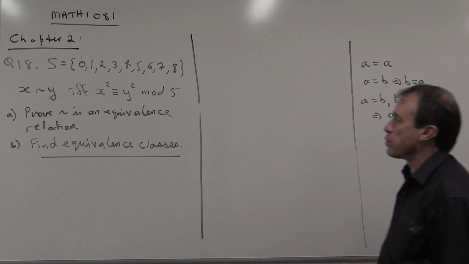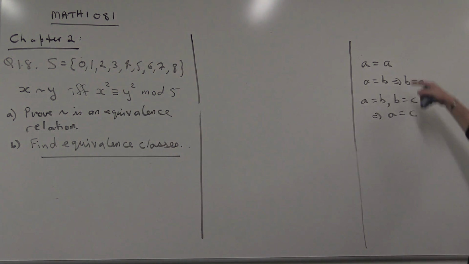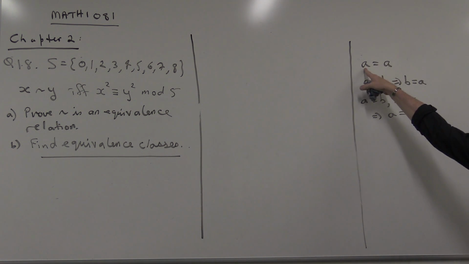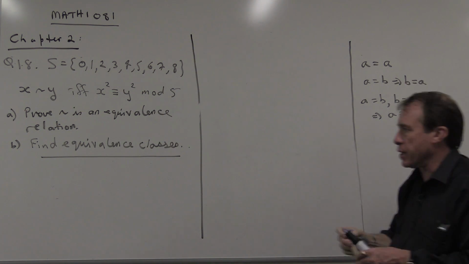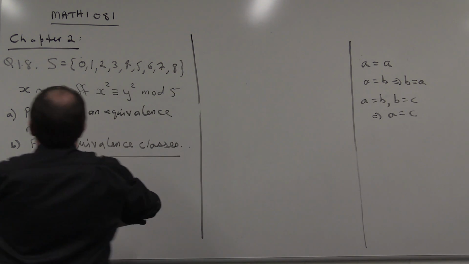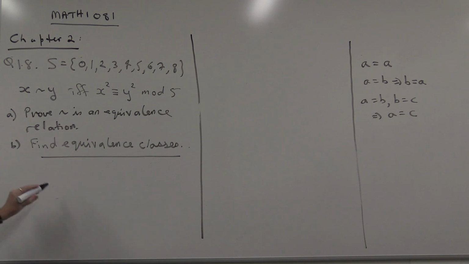The first thing is to prove this is an equivalence relation, so we have to prove each of these different parts. The fact that anything's equivalent to itself, the technical name is that the relation is reflexive. This says the relation is symmetric, and this says the relation is transitive. So keep those basic ideas of equals in mind, and then we come back to do this.